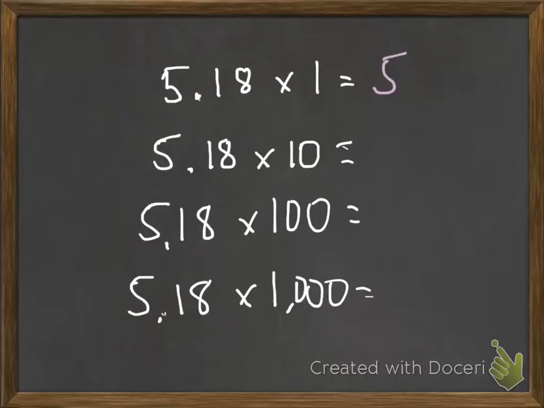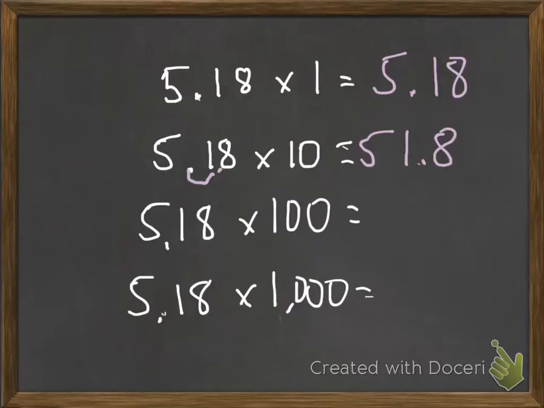You should have gotten 1 times the 5 and 18/100ths would get you 5 and 18/100ths. In order to figure out 10 groups of 5 and 18/100ths, you would take the decimal and you would move it forward 1 space, because you're multiplying it by a power of 10 that's greater than 1, and you would get 51 and 8/10ths.